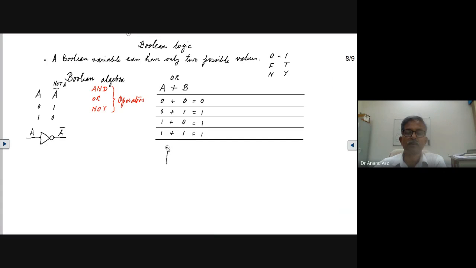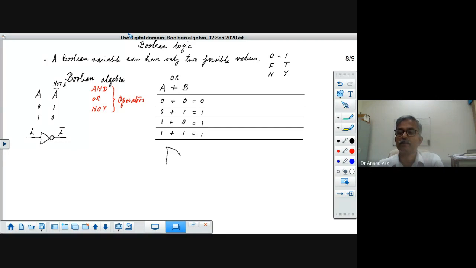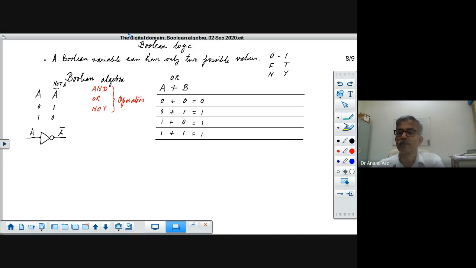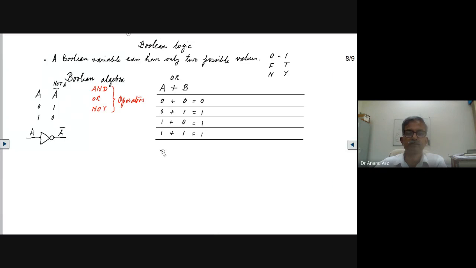It can have the inputs A and B, and A and B can have these possible values, and this is the output A or B. So this is a representation of the OR gate.